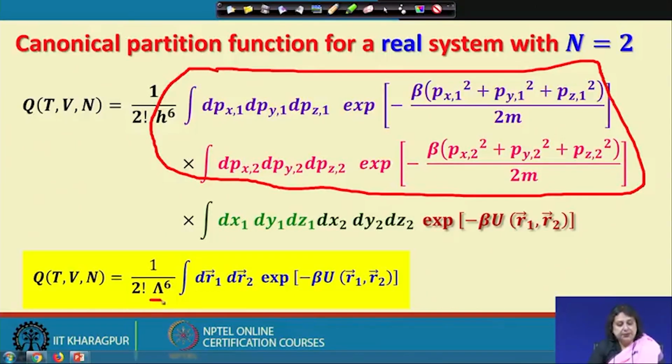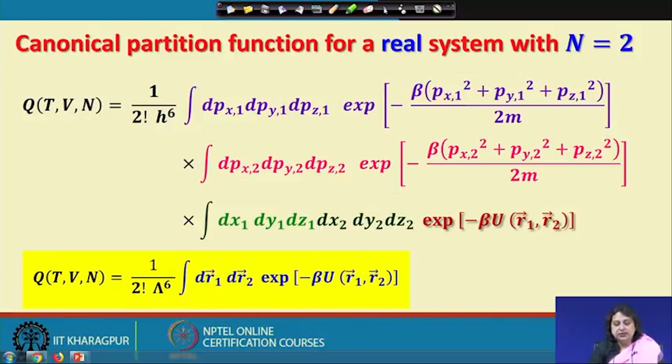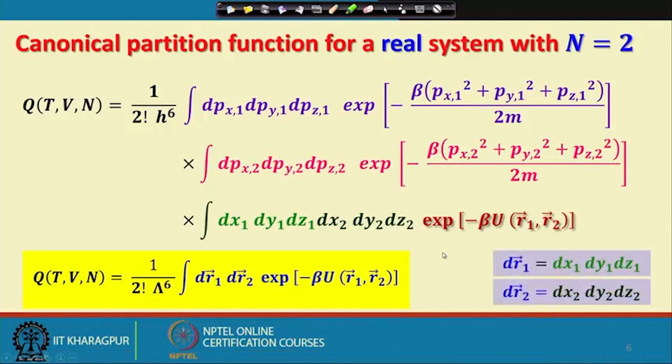So, that is what appears over here, and I am left with this integration which I have written down here using a condensed notation, where my dr1 and dr2 are essentially dx1 dy1 dz1 and dx2 dy2 dz2.